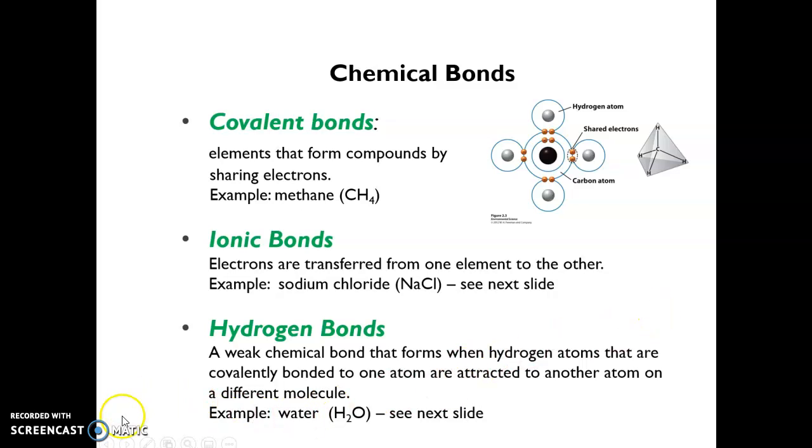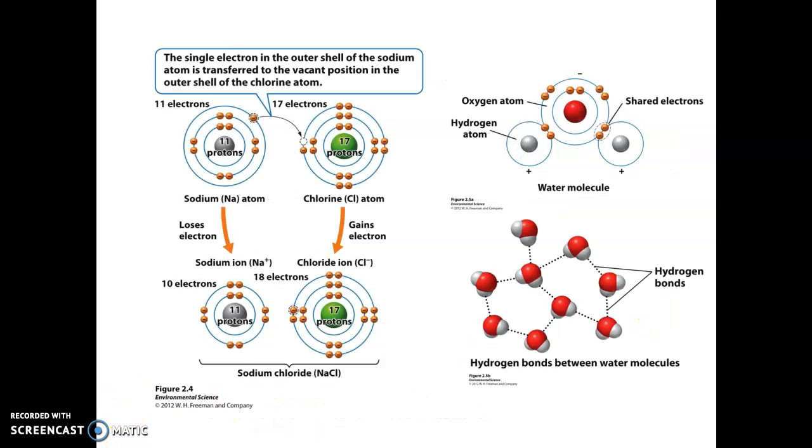Let's look at a hydrogen bond. So a hydrogen bond is between two different molecules, not within a particular molecule. And we show here on the top a water molecule.